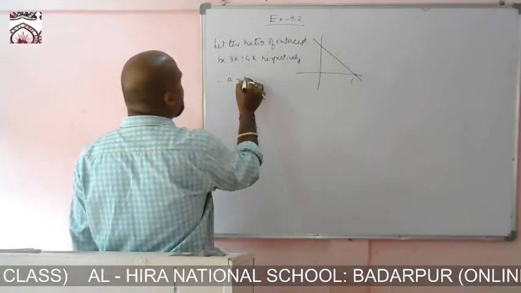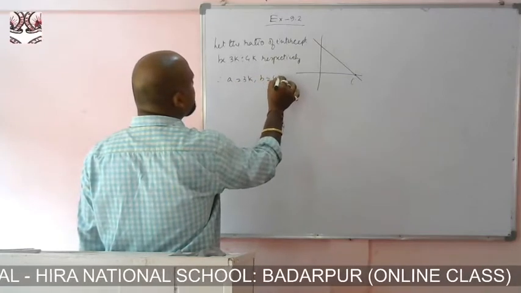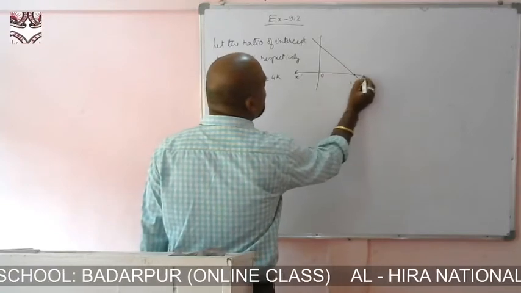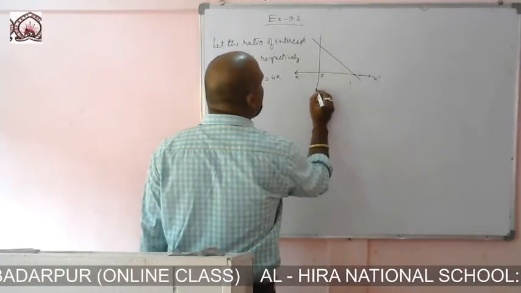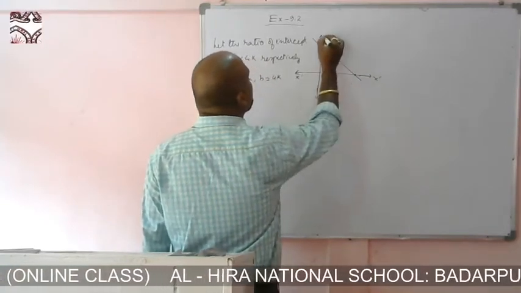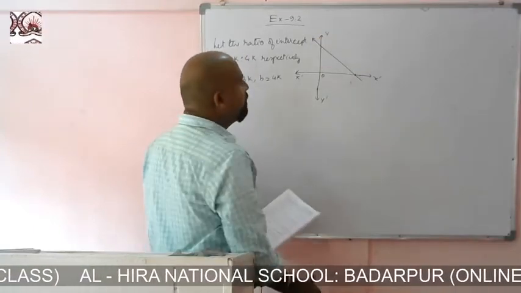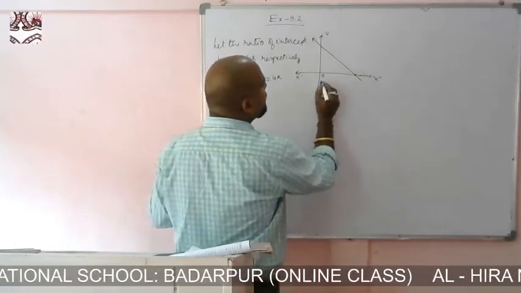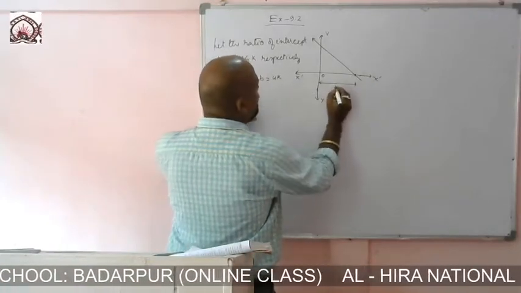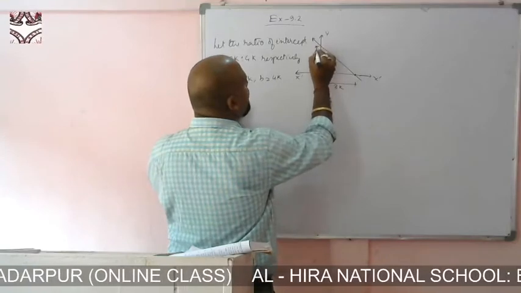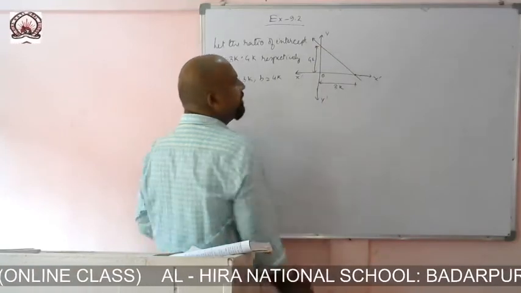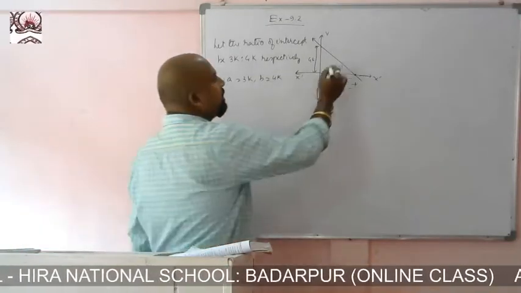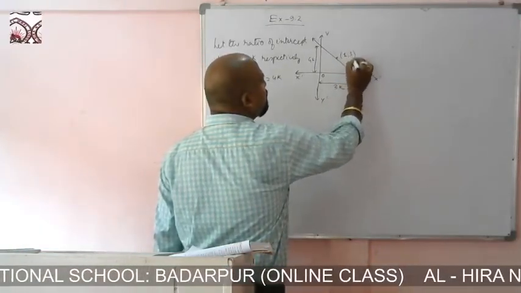Therefore, a equal to 3k and b equal to 4k. Here the x-intercept, the distance from here to here, will be 3k, and from here to here the distance will be 4k. Now the line passes through the point 1, 1. The point 1, 1 lies on the line.